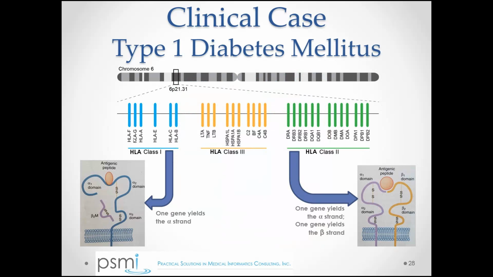And you'll hear people talk about HLA class 1 genes, and you'll hear people talk about HLA class 2 genes. HLA class 1 genes result in a receptor that sits on the surface of many cells, such as lymphocytes.